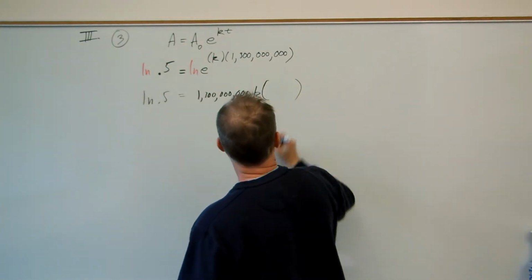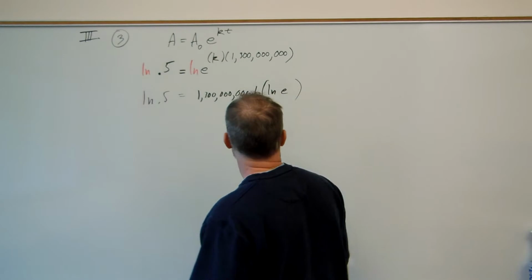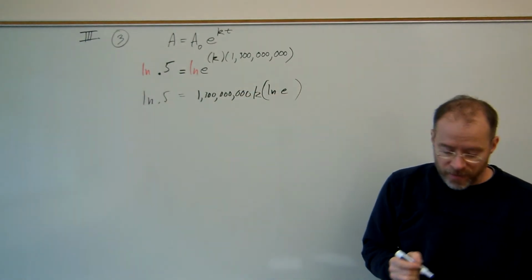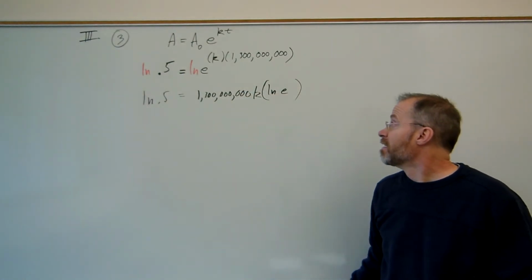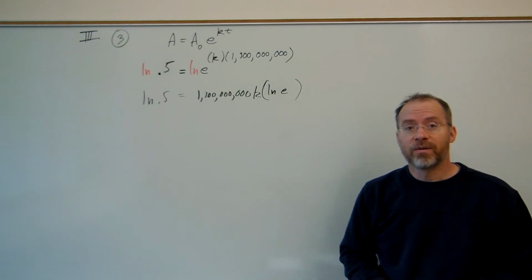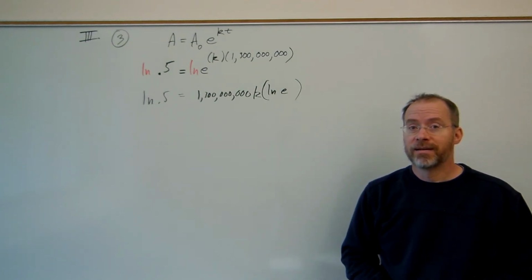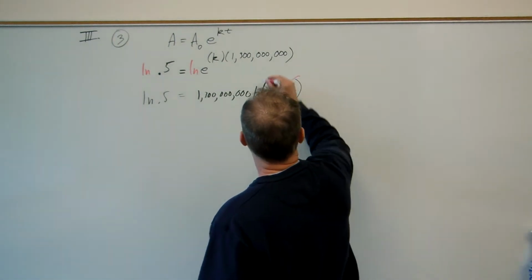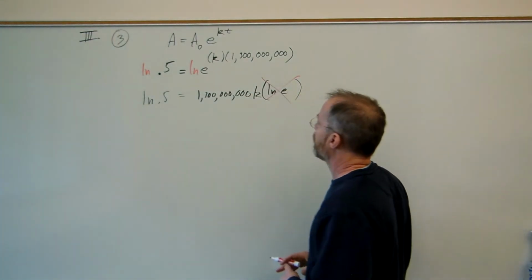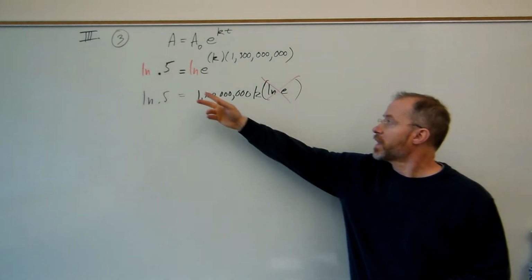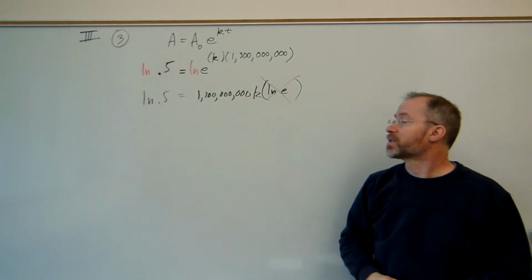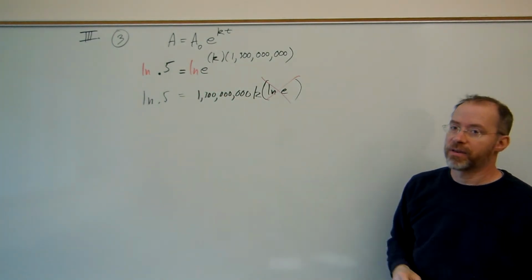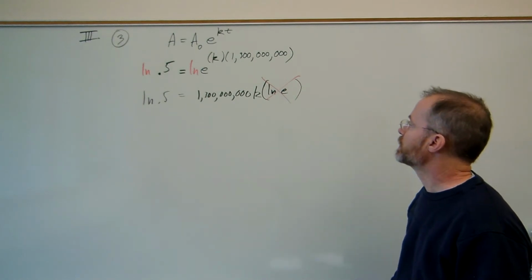And this is the part that's really cool. What's the natural logarithm of e? That's the power you'd have to raise e to if you wanted the result e. So the natural logarithm of e is 1, and this is just all this stuff multiplied by 1. So I really like using a natural logarithm with these expressions that have e in them because chances are things are going to simplify much easier.